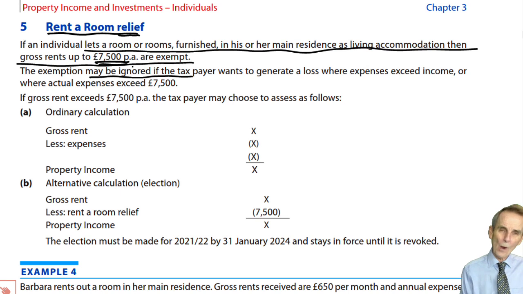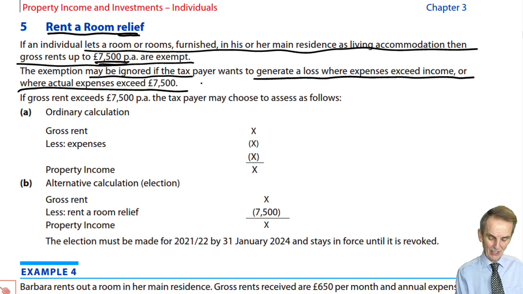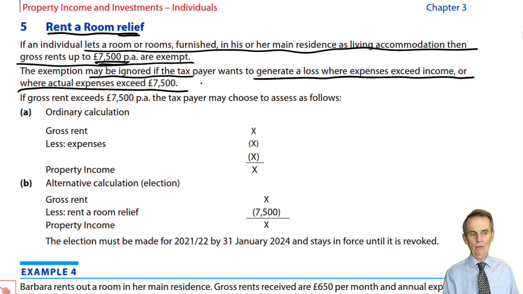But why the taxpayer might elect to ignore it is if the taxpayer wants to generate a loss where expenses exceed income, or where actual expenses exceed £7,500. So I've got £6,000 worth of rental income there.